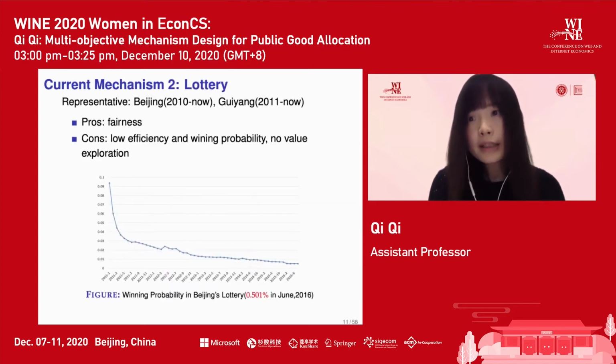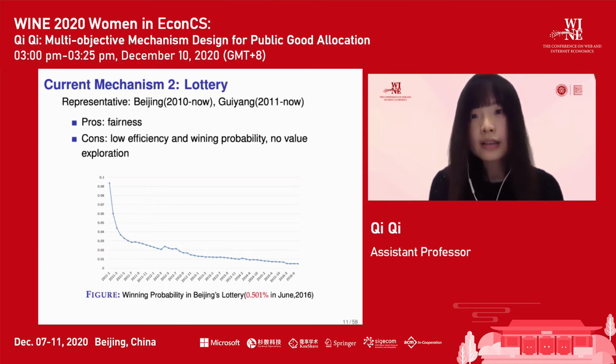Another mechanism used currently is called the lottery, for example in Beijing and Guiyang. The lottery is kind of fair, since everyone has the same probability, but the problem is that it has low efficiency and a very low winning probability. Because of the low winning probability, everyone wants to enter the lottery as early as possible.